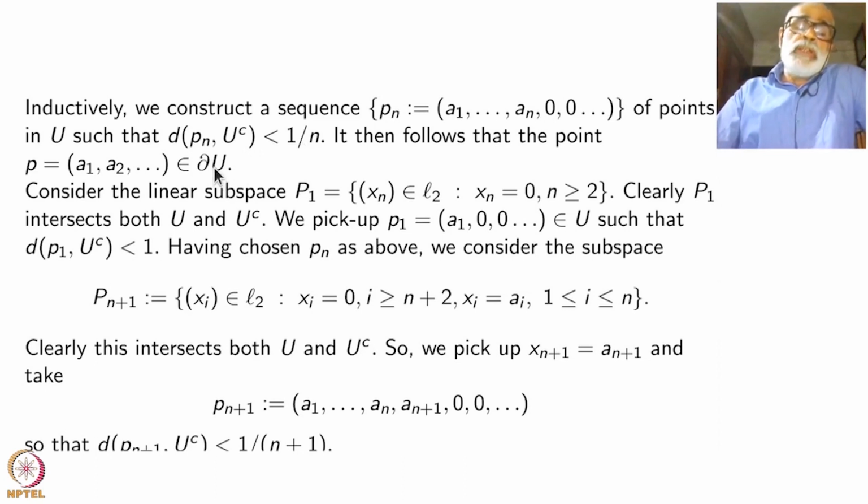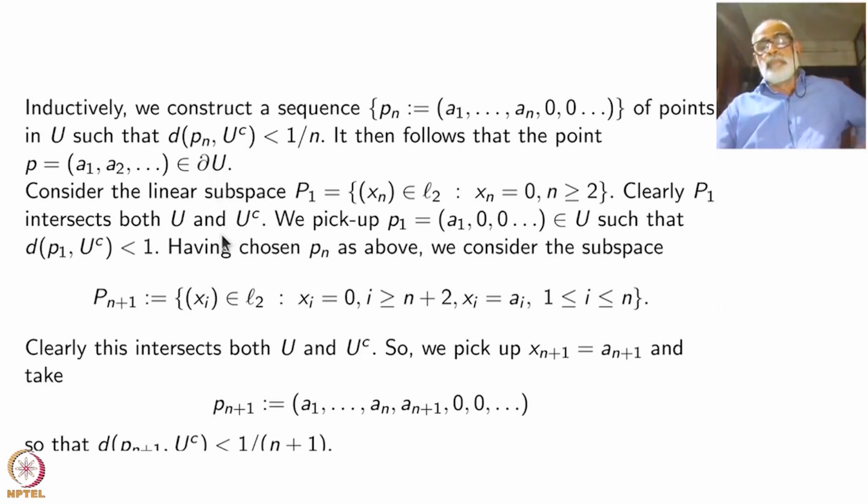Therefore, this will be in U bar and in the complement of U, so it is inside the boundary of U. So how it is done, I have already explained to you.